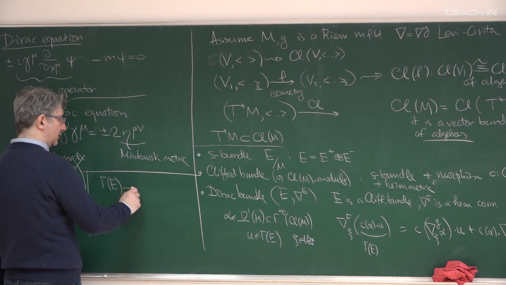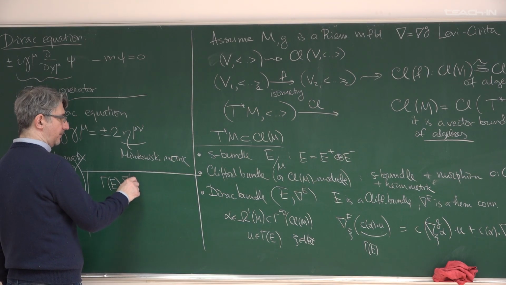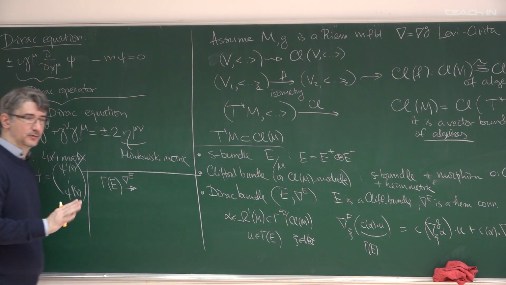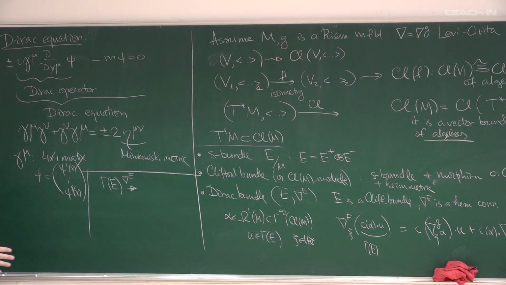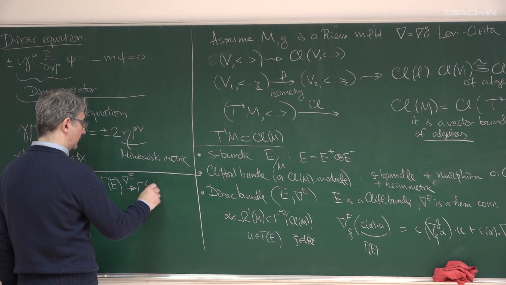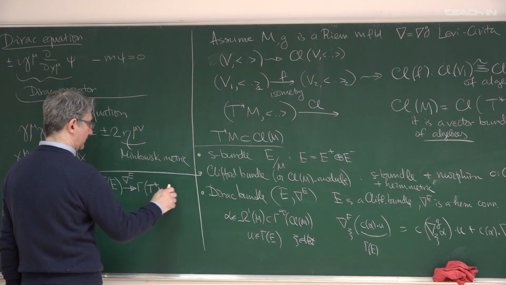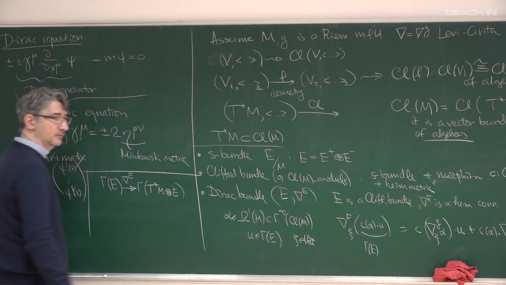Then we take the covariant derivative. Not along a vector field, just the genuine covariant derivative, and we obtain sections of what? It's true.